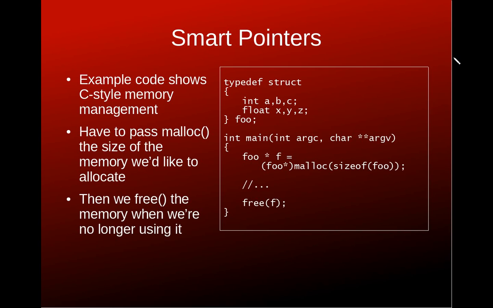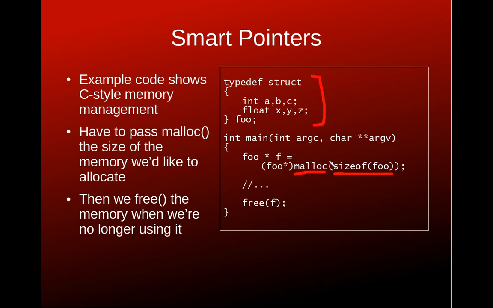Okay, so the example code on this slide is showing an example struct called foo, and in main we are creating a new instance of that struct. We are invoking malloc, giving it the size of the memory that we need in bytes. So we give it the sizeof operator for foo, which will give us the size in bytes that foo takes up.